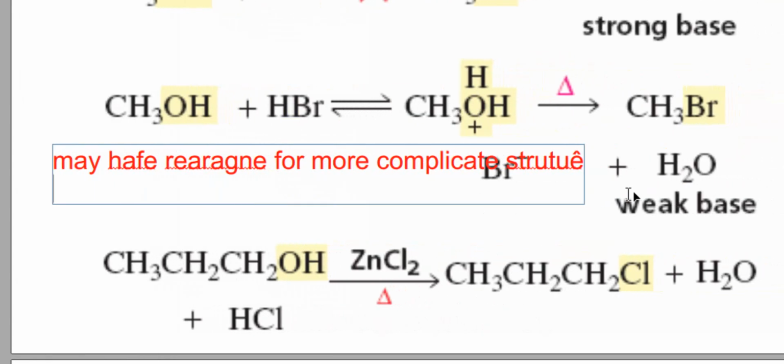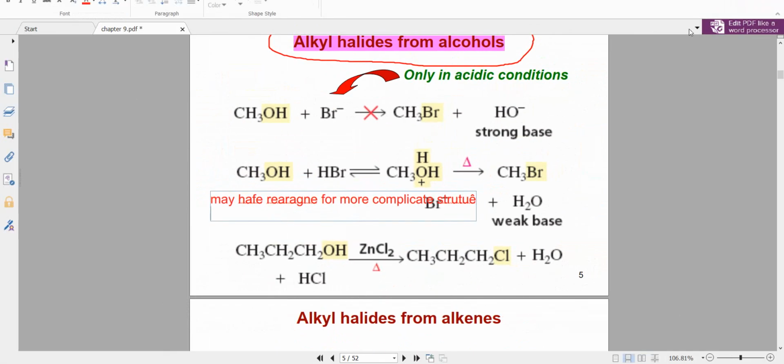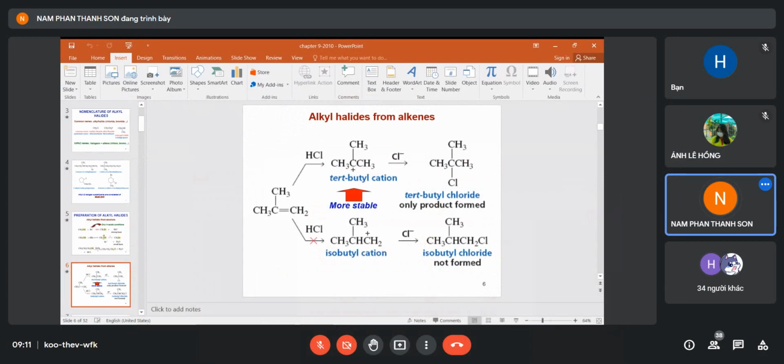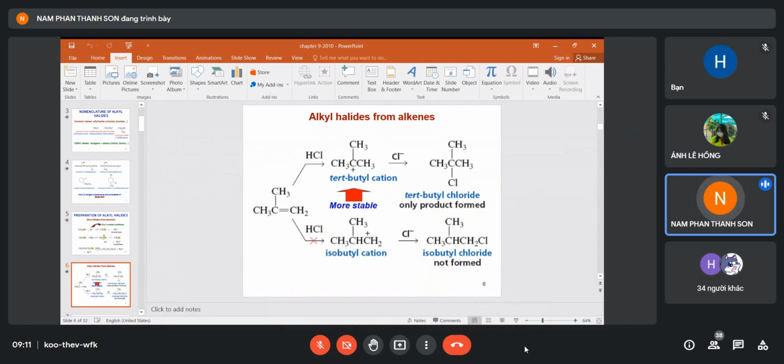Next, we can make alkyl halides from alkene C=C double bonds, by carrying out the electrophilic addition reaction of HBr or HCl, just a normal Markovnikov addition reaction. And again, take note, everyone.